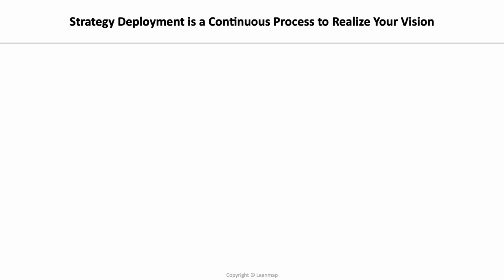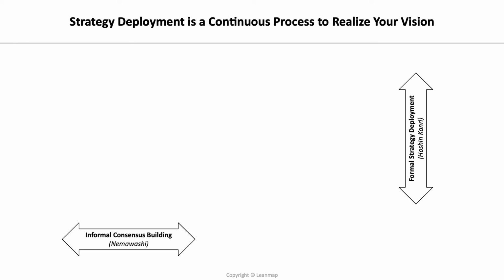Strategy deployment is a continuous process to realize your vision. There are two elements. A vertical element, the formal strategy deployment or Hoshin Kanri, and a horizontal element, the informal consensus building or Nemawashi. It starts from the top.